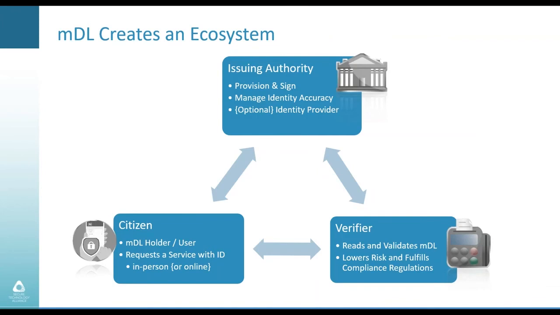The verifiers read and validate that data similarly to how they do with the physical cards. They need to know that this came from an issuing authority, and they use that to lower their risk or to fulfill compliance that they have. And they also may have a relationship with the issuing authority.